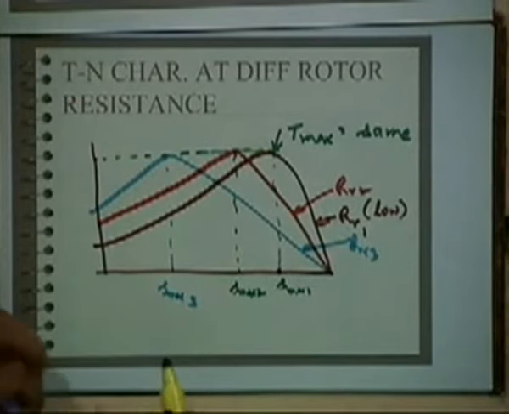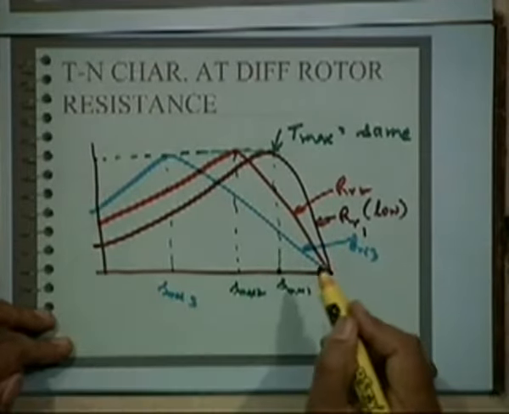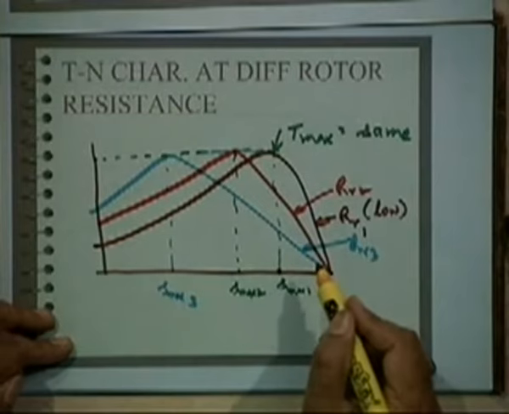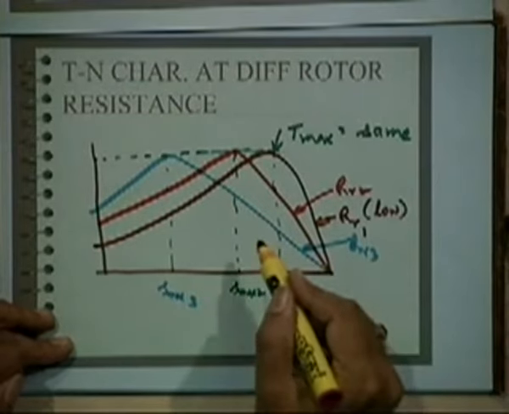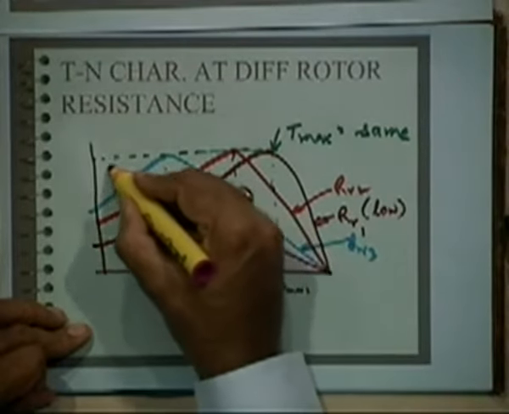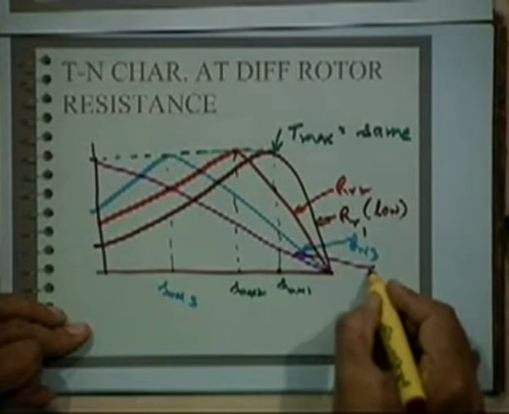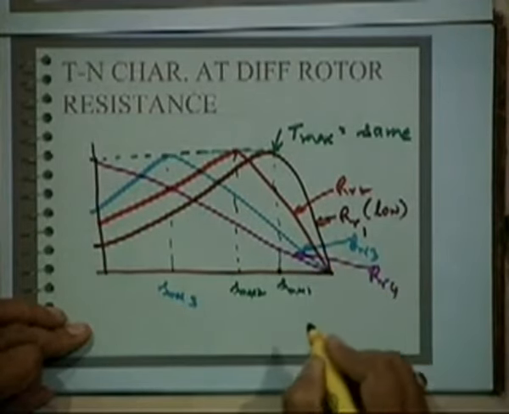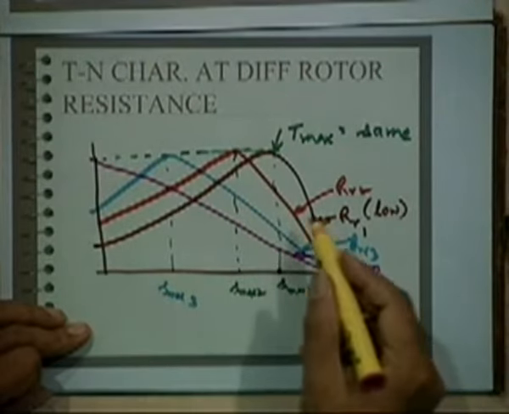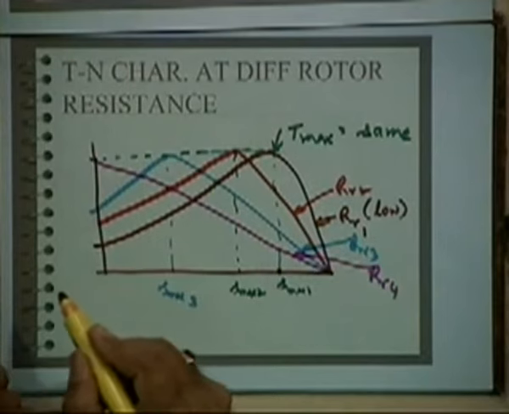And you can further increase the resistance. So what we are trying to see is, if the rotor resistance increases, what will happen. Increase the resistance further. So this may be RR4. So what we have done is we have increased the rotor resistance, but maximum torque remains the same.